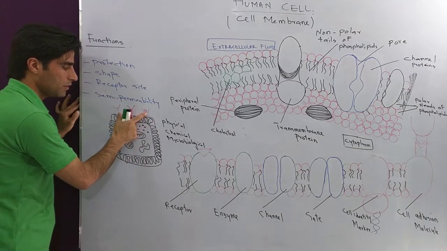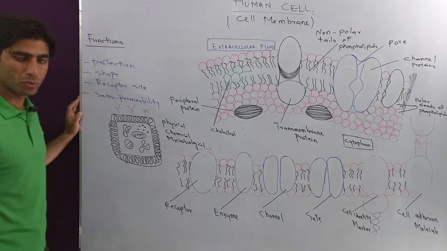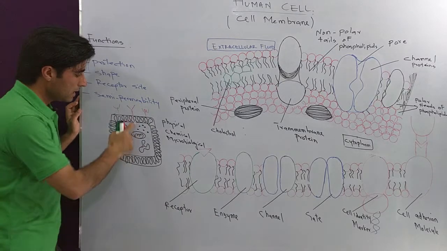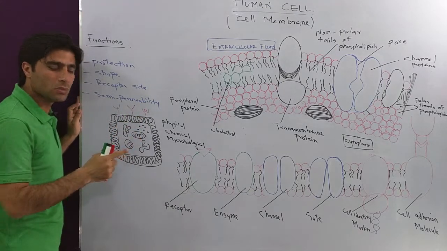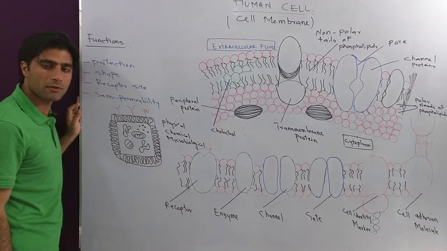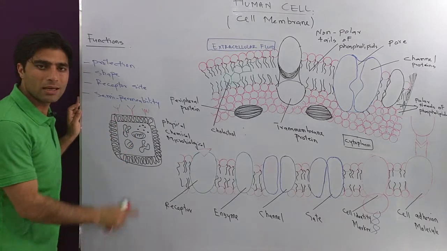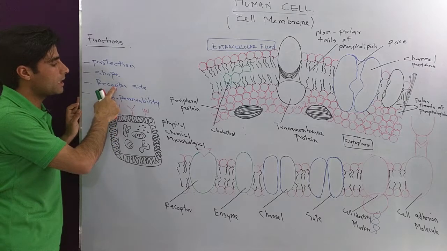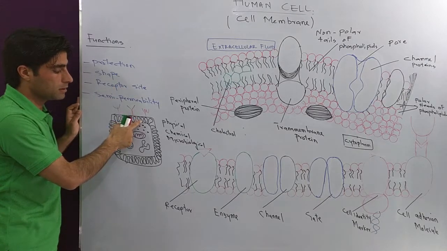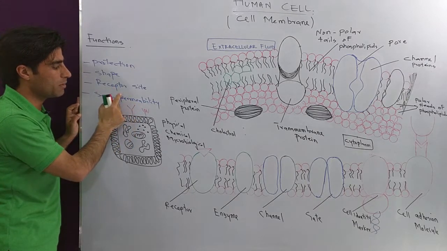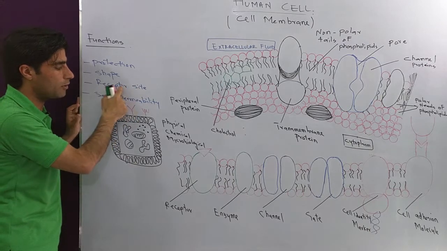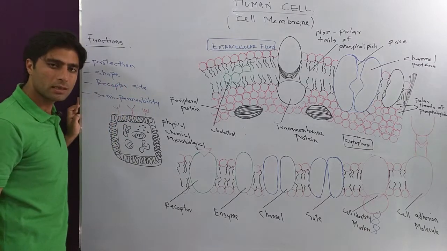So this receptor is made up of proteins, or polypeptides. These receptors are most of the time on the upper surfaces of the cell membrane. So cell surface receptors, and the receptor site is of course what? The cell membrane. So the cell membrane is providing the site for receptors. The receptor site is on the cell membrane.